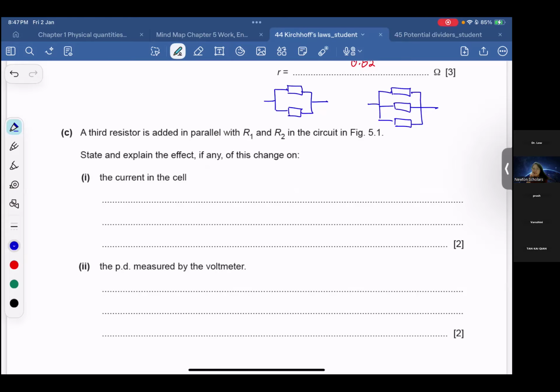Fatima, you have to think in parallel way, total resistance is increase or decrease. Think, or you put some value and you find it out. Sean, same thing, if I add another third resistor in parallel, actually overall resistance here, compared to just now, is increase or decrease. Then you only can answer current should increase or decrease.